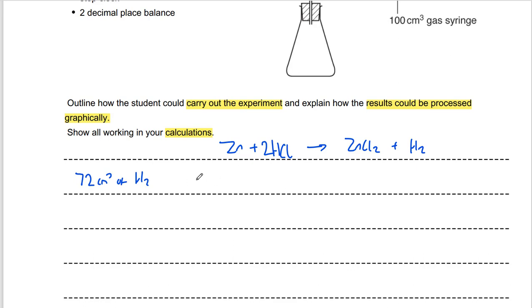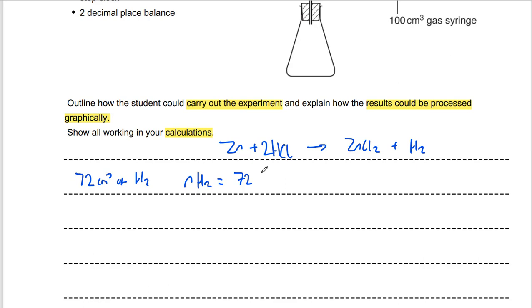So in terms of moles, the moles of H2 is going to be 72 centimeters cubed. We're going to use our molar gas volume. We know that 1 mole of a gas at room temperature and pressure is 24,000 centimeters cubed.